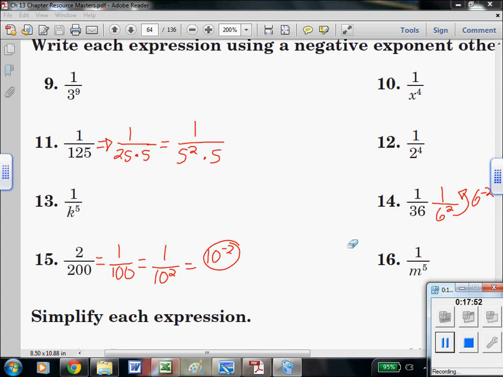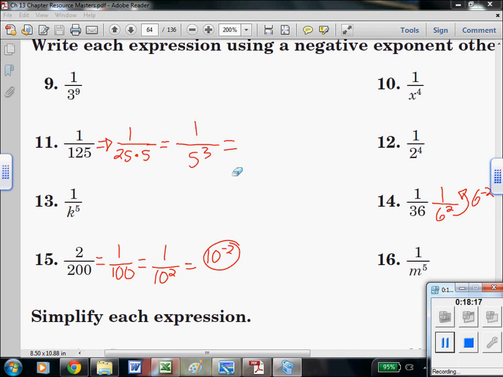So at this point, we have an exponent, and now we can maybe move that item to the other end of the fraction. Oh, that occurs to me. It doesn't have to be a perfect square. Of course, 5 squared times 5, well, that's 5 to the 1 power. That's 5 cubed. I'm silly. All right, so let's just write this as 1 over 5 cubed. I wasn't even thinking about things past squared. It can also be a cube.